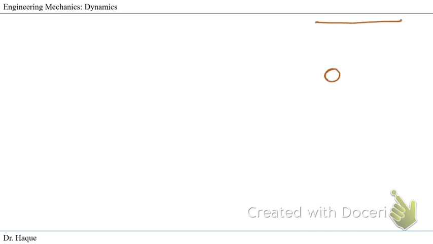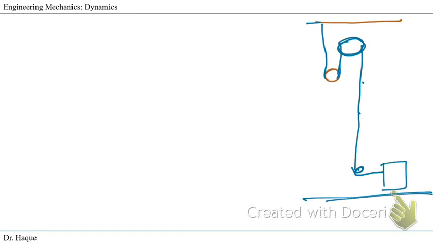I have my one, there's another pulley here, and so I will have the rope coming here, going upward, another pulley, and goes downward, touches another pulley and goes to the block which is on the floor.